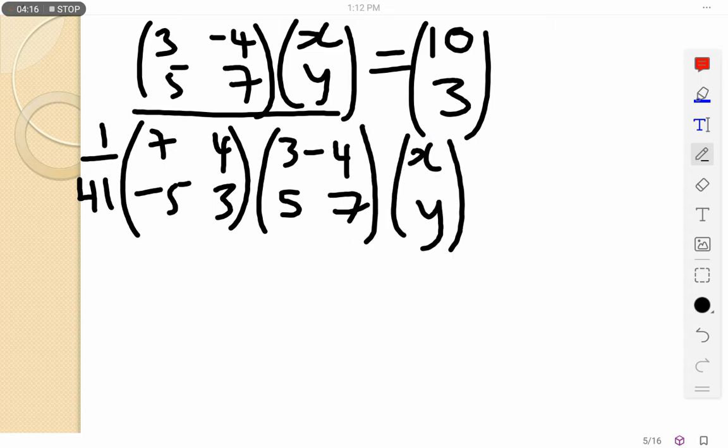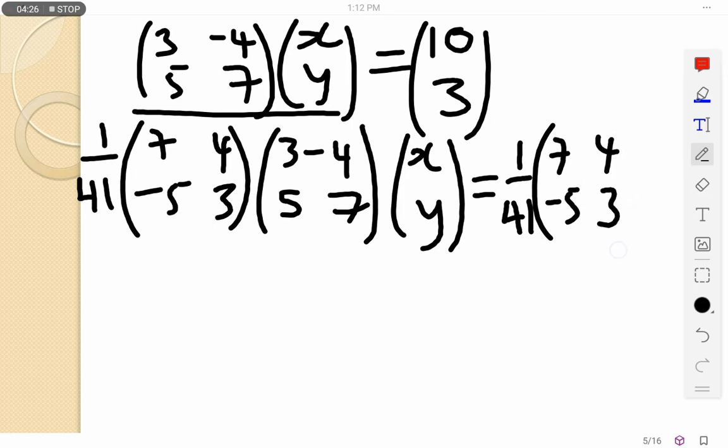So what we do on the left side, we do on the right side. So we have our inverse 1 over 41, 7, -5, 4, 3. This is multiplying with 10 and 3. Okay, like that.